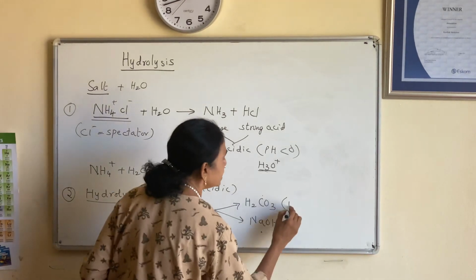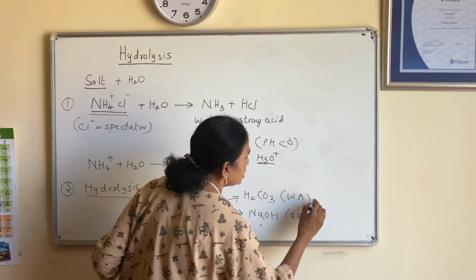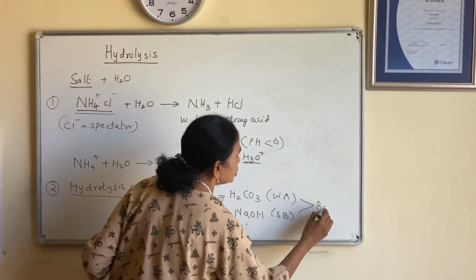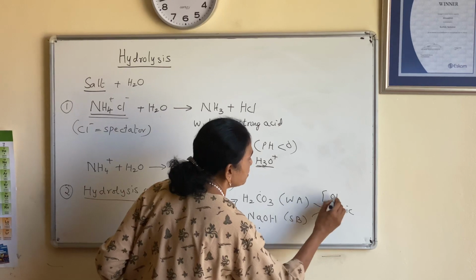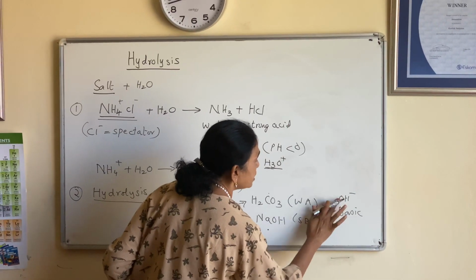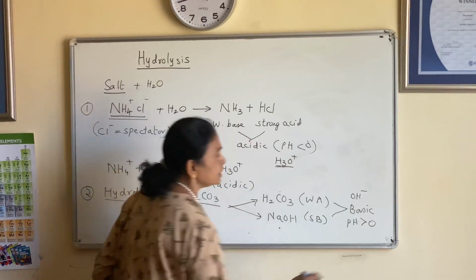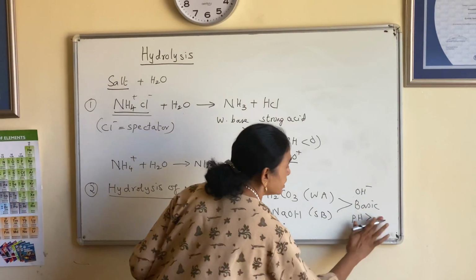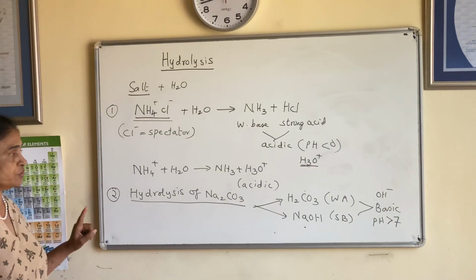This one is a weak acid. This one is a strong base. When you combine them, the solution is going to become basic. That means what ion is going to be present? Hydroxide ion. And the pH is greater than 7.